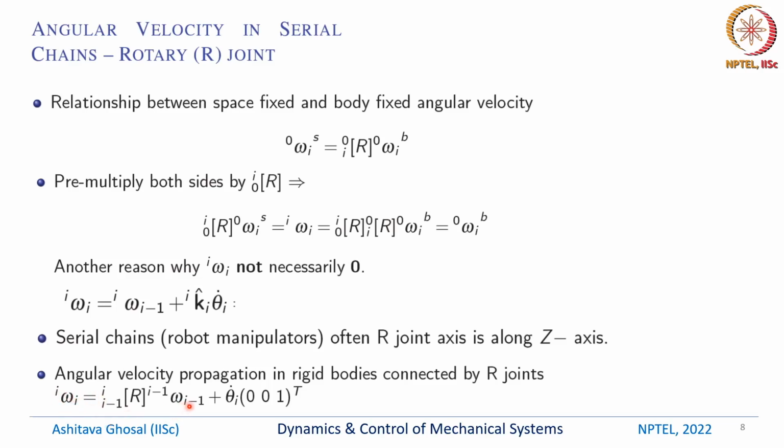So I can go from the fixed base all the way to the free end, and every time we add what is happening at the rotary joint, and I can get the angular velocity of each of these links in a serial chain. This is a very useful formula. These are called angular velocity propagation formulas in rigid bodies connected by R joints.